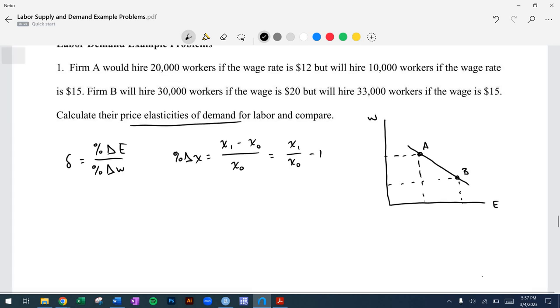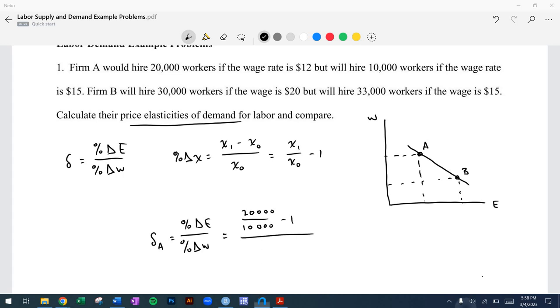Okay, so let's start by looking at firm A here. They would hire 20,000 workers at $12, 10,000 workers at $15. So the elasticity for firm A is the percent change in employment over the percent change in wage. If we start at 10,000 and end up at 20,000, the wage started at 15 and moved down to 12, minus 1.